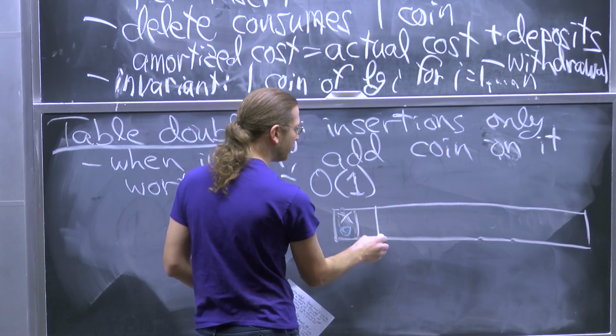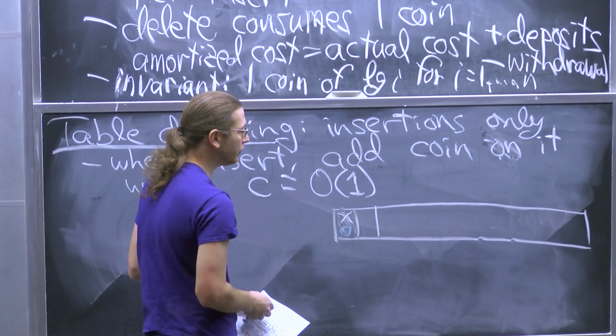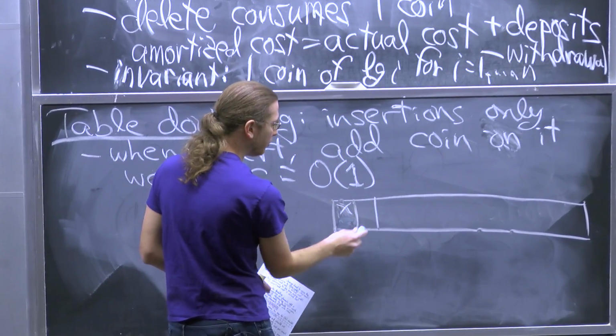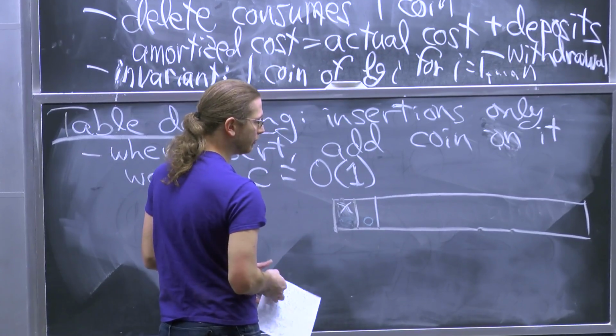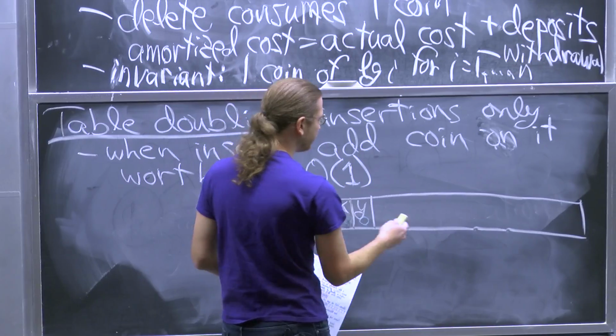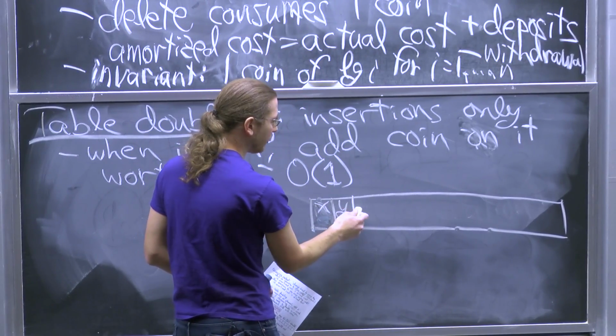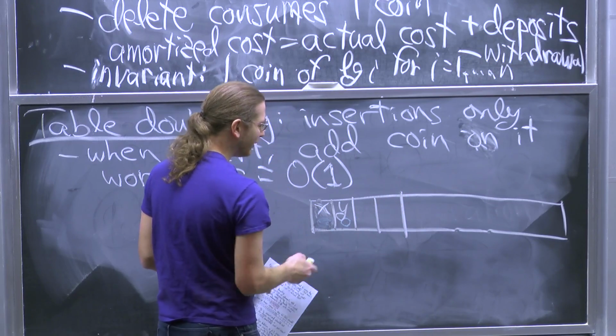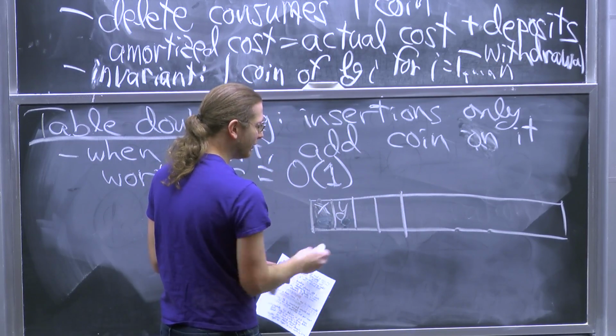When I do the next insertion, let's say I have to double the table to size 2. I'm going to use up that coin, so erase it, and put a new coin on the item that I just put down, call it y. And in general, the next time I double, which is immediately, I'm going to go to size 4. I erase this coin.